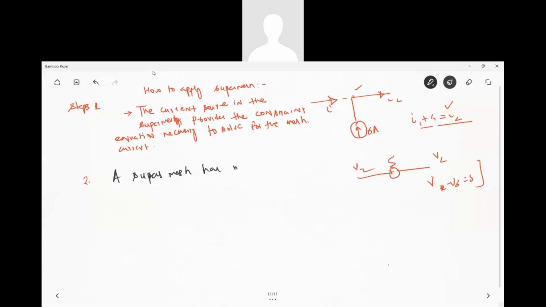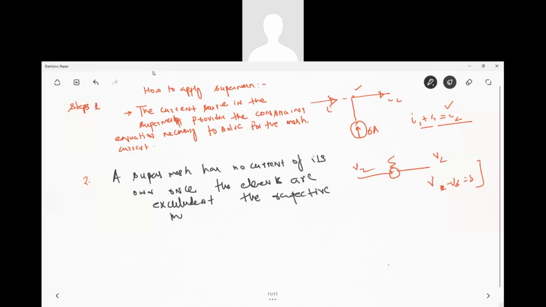Once the elements are excluded, the respective mesh currents are applied to write the KVL equation. That's it.